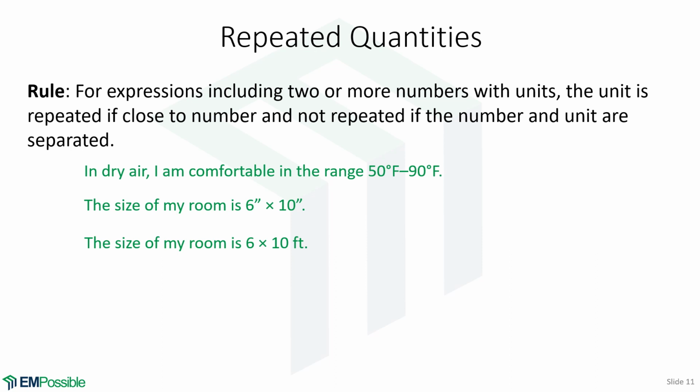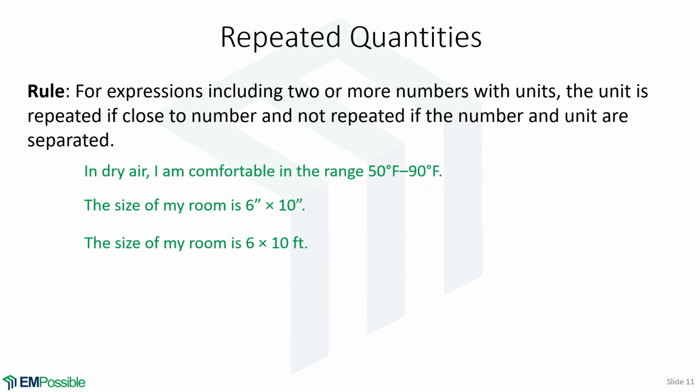And the rule is we keep the unit associated with each number if it's an abbreviation, if there's no space there. From a previous slide, we saw that for temperature, there's no space because degrees F is an abbreviation. And so we would repeat that for every number that gets repeated.